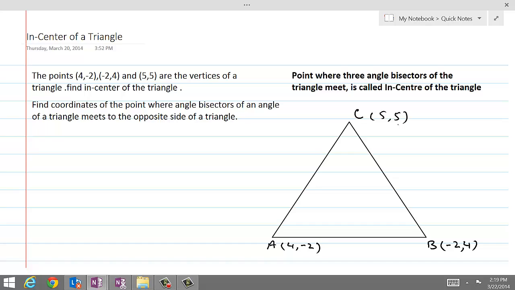If we follow the naming conventions which we use for triangles, the side opposite to vertex A should be named with small a.